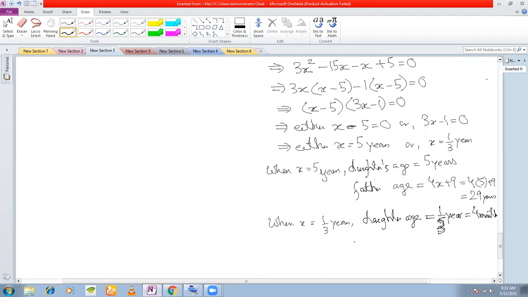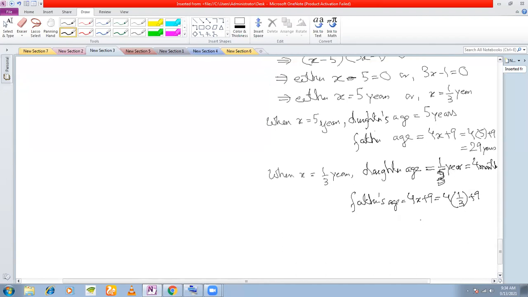Father's age, 4x plus 9. 4 into 1/3 plus 9, which is 4/3 plus 9, which is 31 by 3, right? Which is 31 by 3 years, which is equal to 10 years, 4 months. 10.33 years, or 10 years, 4 months.